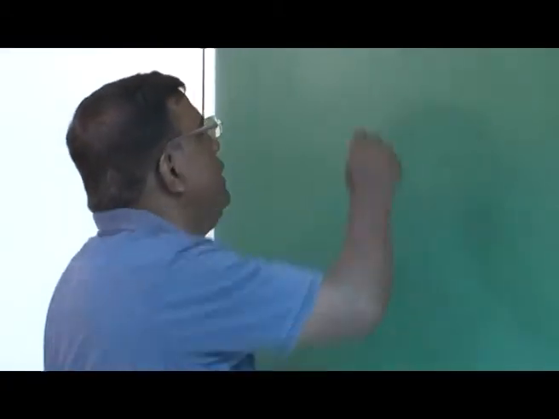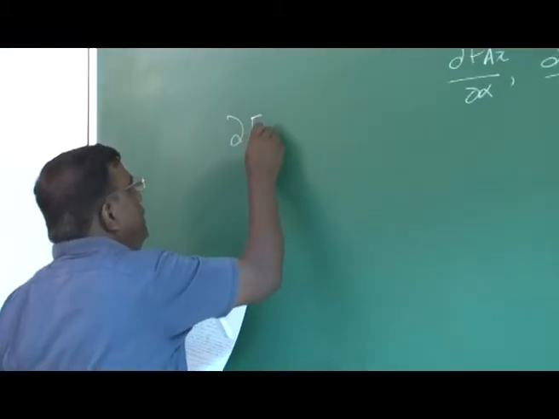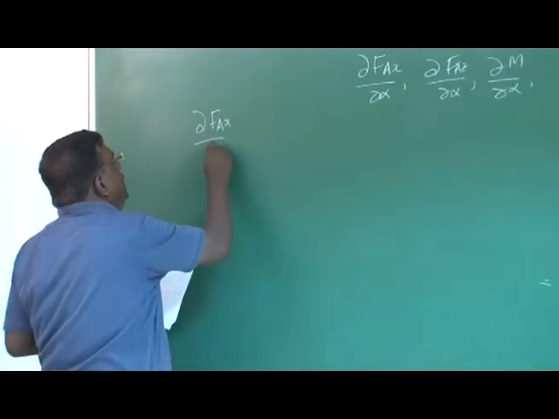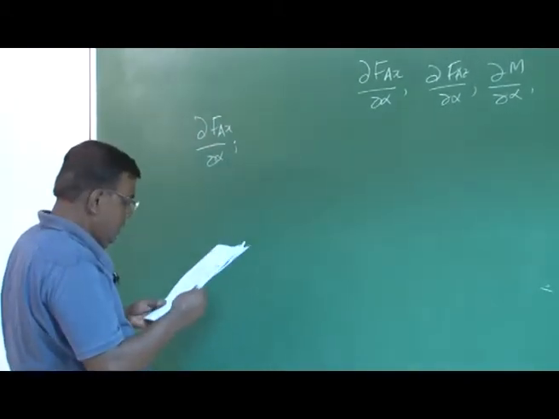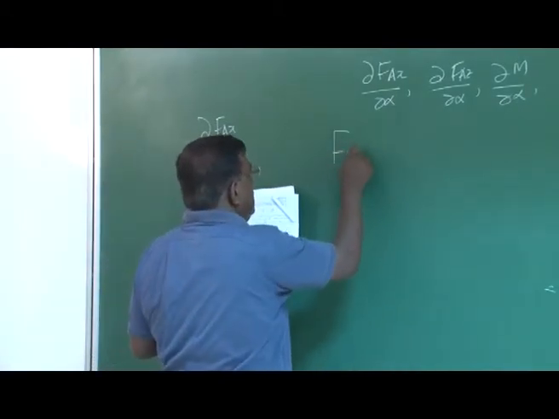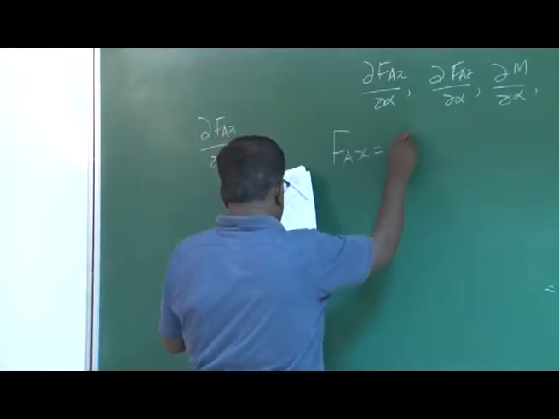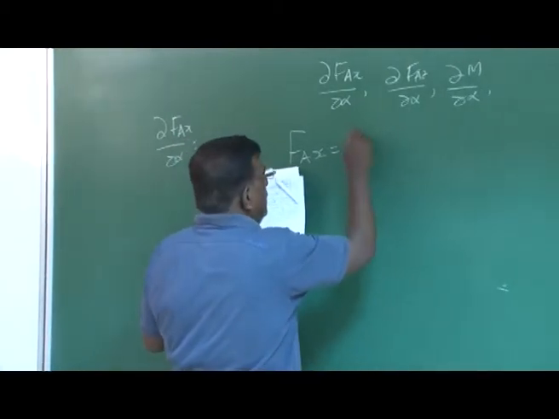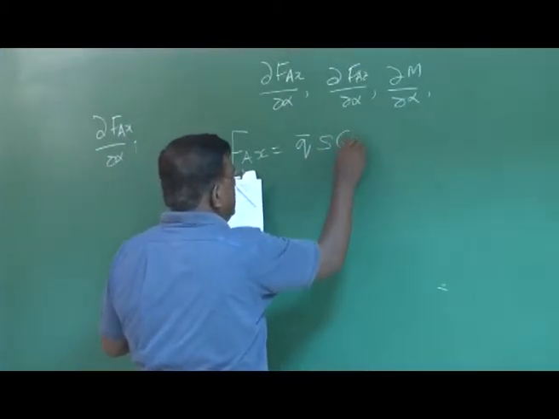So let us take dFax by d alpha, and the procedure is similar to what we did before. Fax is q bar S Cx.